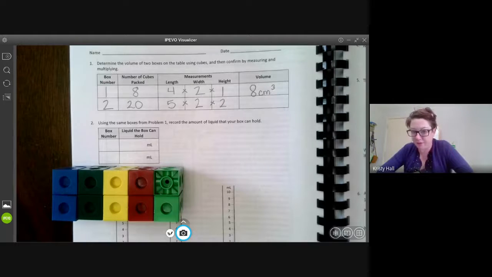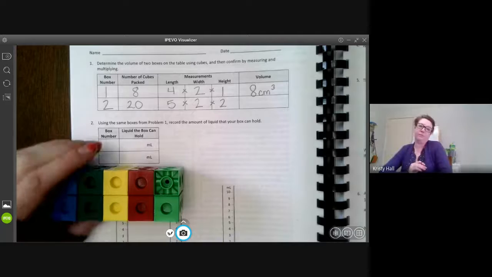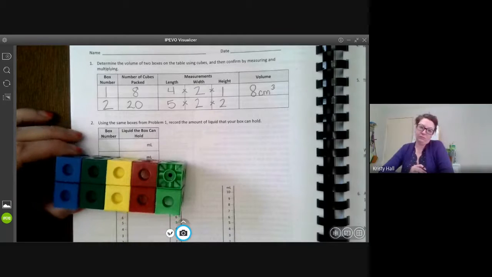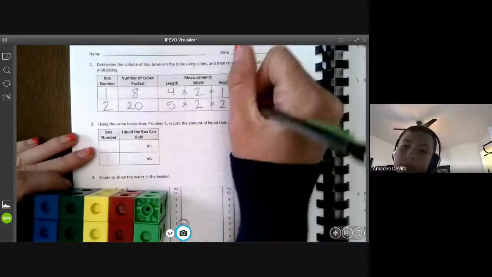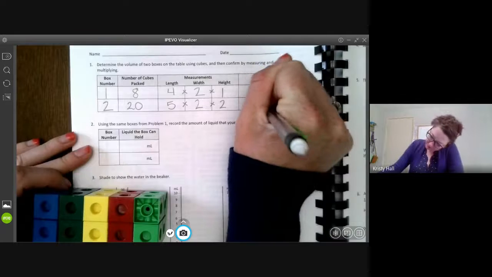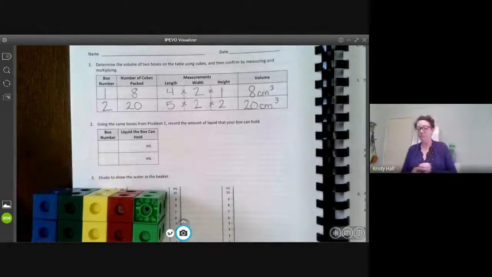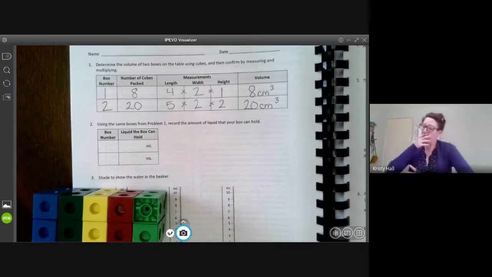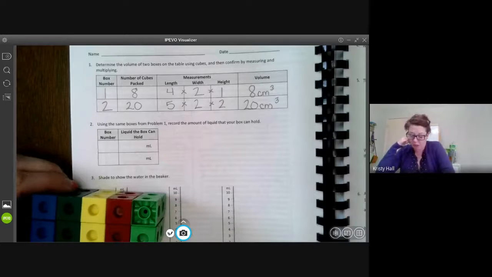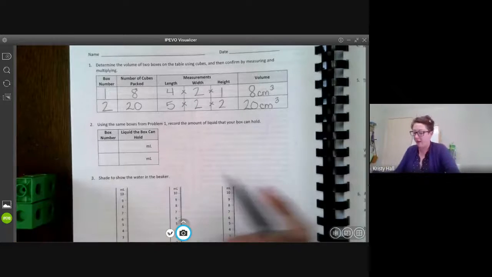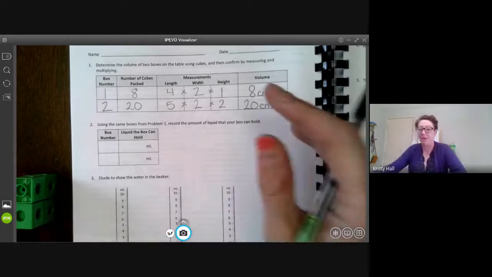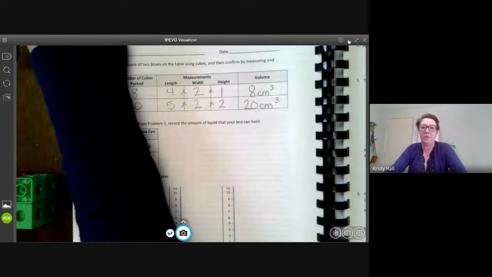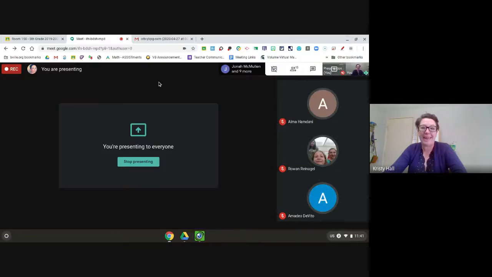Amadio, what did you get for the volume of this figure? 20 cubic centimeters. Perfect. Great job. If we were in school, we would do this really cool thing where I would have a graduated cylinder or a beaker, and I would take these blocks and drop them into some water.